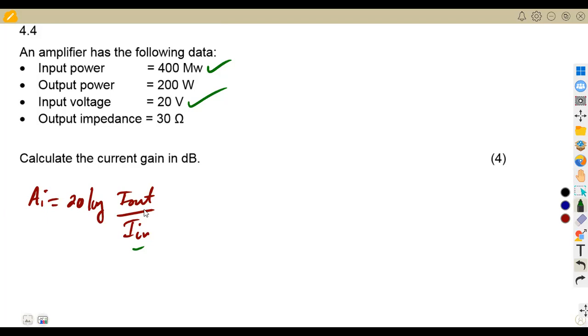In order for us to have current in, we use power equal to voltage times current. So the current in will be power in over the voltage in. The input power is 400 megawatts. All right, this was actually a mistake. This was milliwatts, because an amplifier cannot carry something like that.